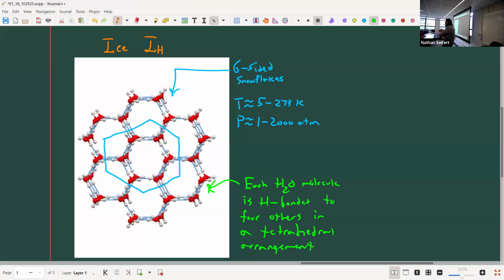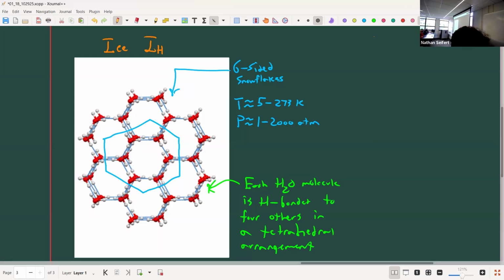It likes being six members, likes to be a six-sided ring. So you get that six-fold symmetry here, but also each element has tetrahedral symmetry. And of course, we know that tetrahedrons are really good in chemistry. So hexagonal ice is, in some sense, a beautiful and perfect crystal. It has everything going for it. But it's only stable at certain regions.